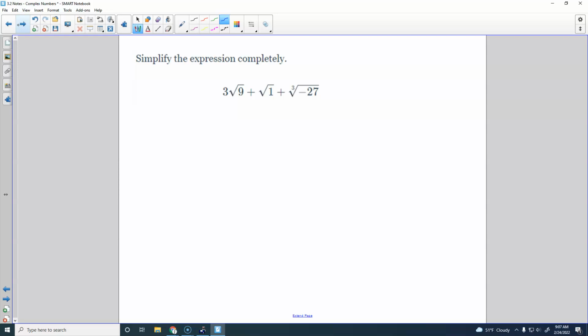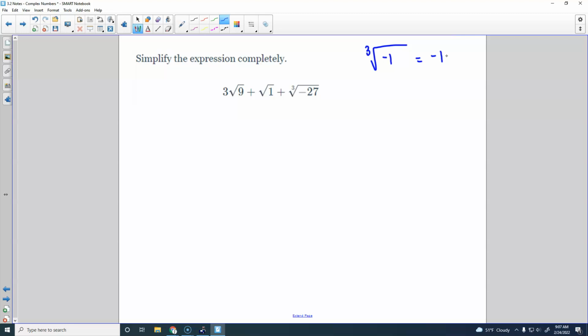This one throws in a cube root. So, this is really important here. What is the cube root of negative 1? It is negative 1. It is not an i. Okay. Odd roots do not ever have i's.